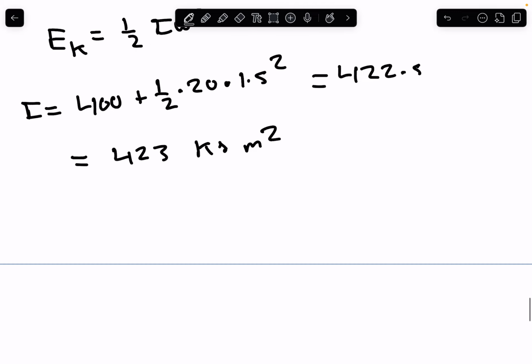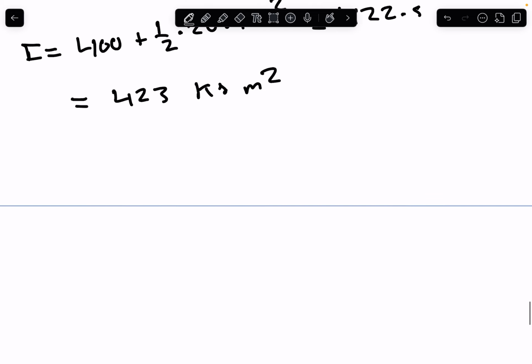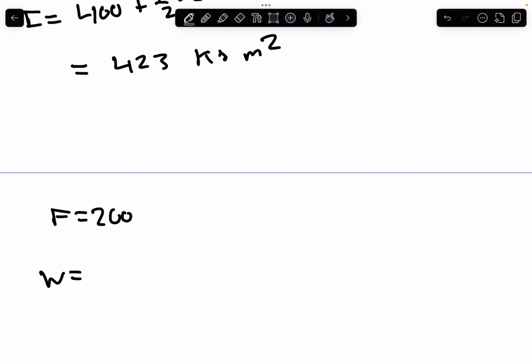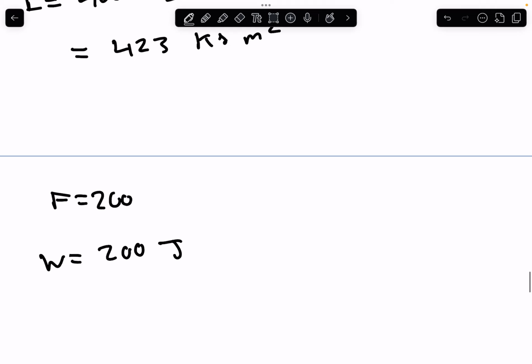Oh, we actually do. The work done is simply force multiplied by displacement, and the force here is 200 newtons. Displacement is simply 1. So the work done is 200 joules.